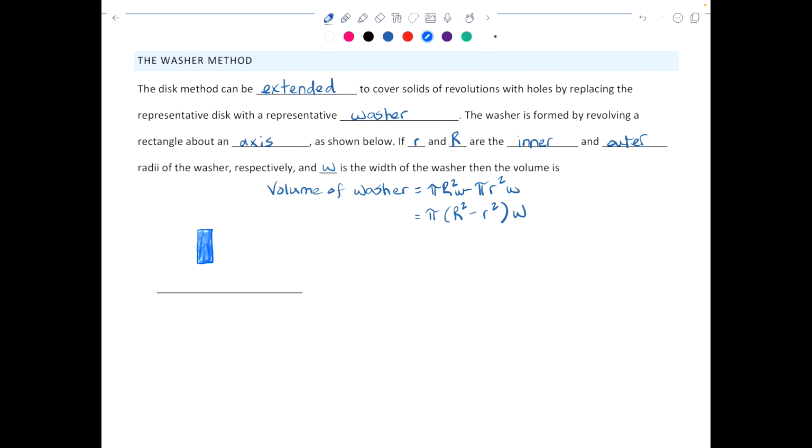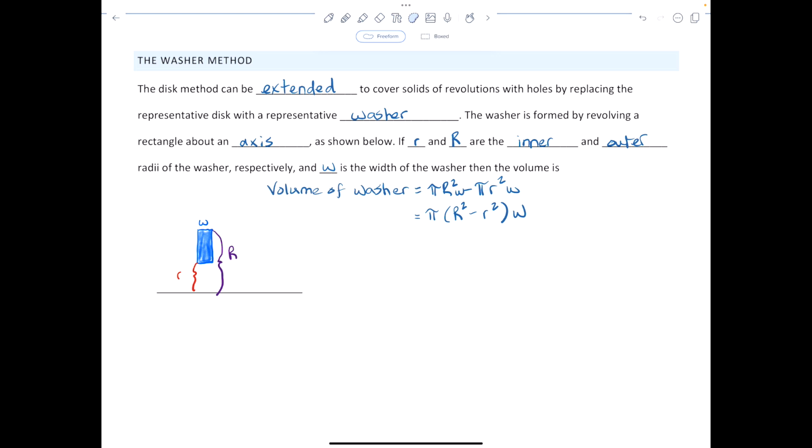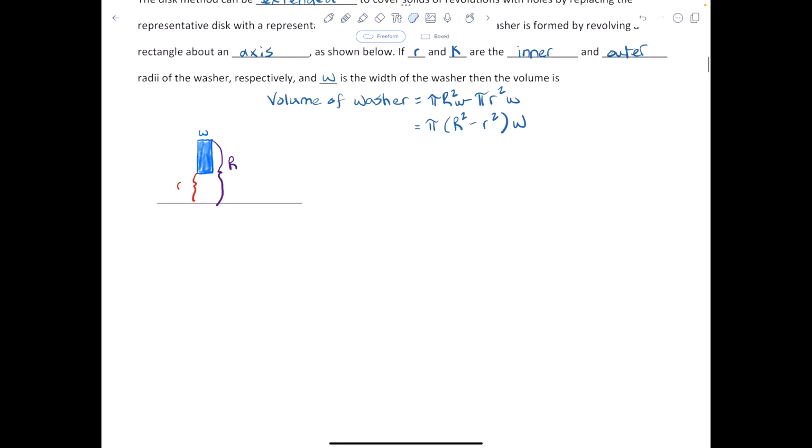And so this will be W, and then you'll have this big R, so the outer radius is capital R, and then you'll have this smaller r. Good so far? Okay, so let's copy this one, or redraw it, depending how you are doing this.